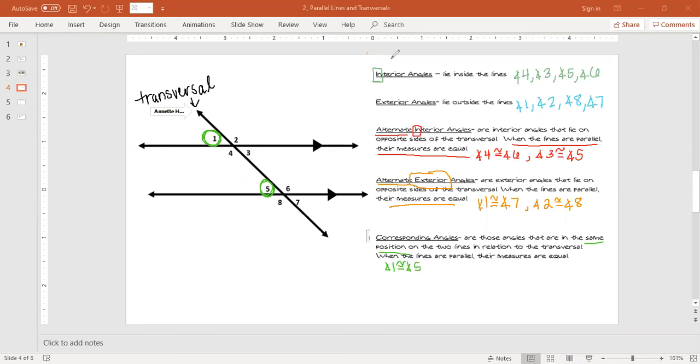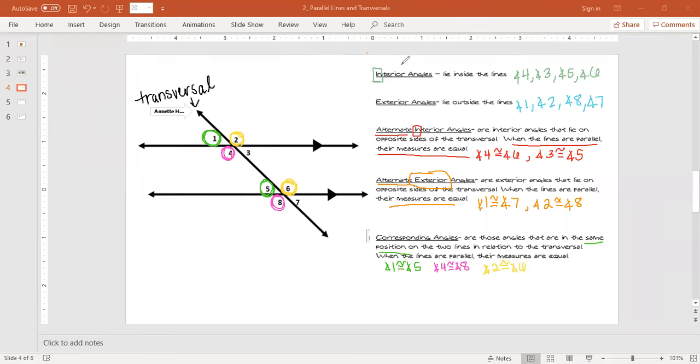If I say what angle is underneath the parallel line on the left side of the transversal, well, that's angle 4, and angle 8 is in the same position. So angle 4 is congruent to angle 8. Angle 2 is above the parallel lines on the right side, so is angle 6. So angle 2 and angle 6 are corresponding.